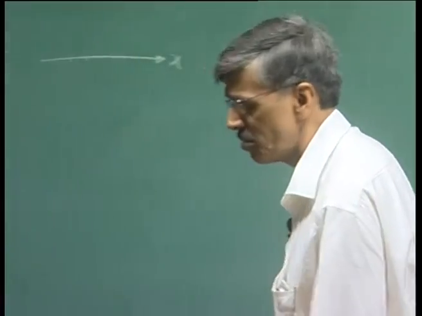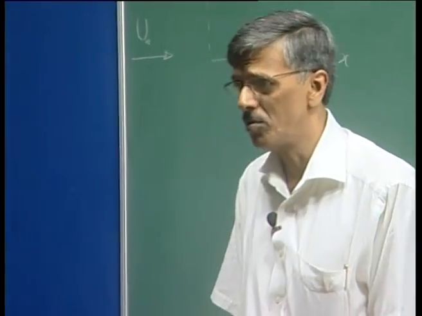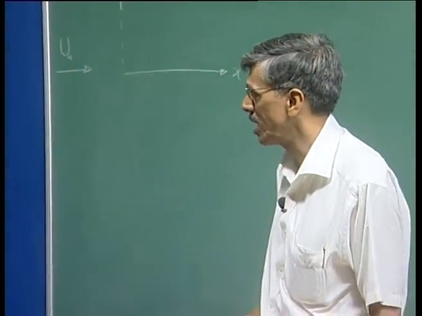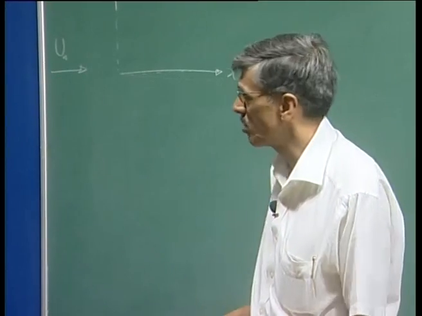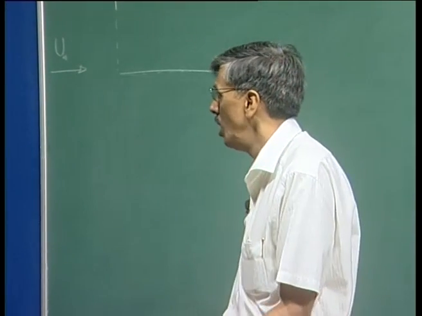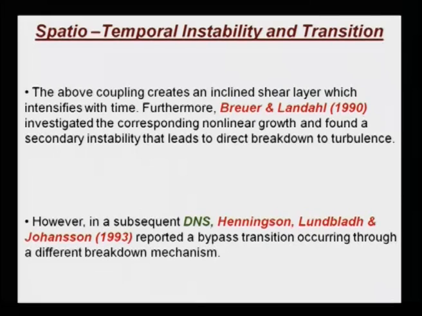Of course, all of it had started from the original observation of Morkovin that apart from the classical viscous or inviscid route, you could also have bypass transition. So, there were all these efforts which were really looking for the bypass mechanism through which you can get spatio-temporal instability.